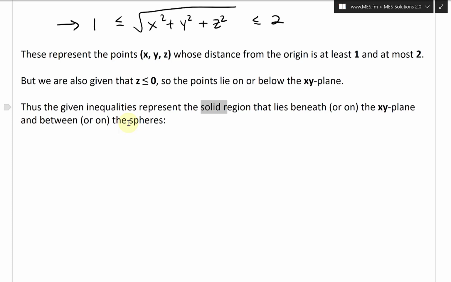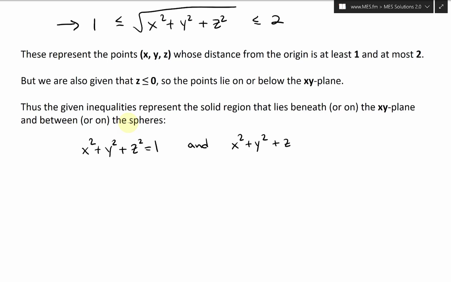Let's write the spheres: x squared plus y squared plus z squared equals 1, and in between these two, x squared plus y squared plus z squared equals r squared, which is 2 squared, equals 4.